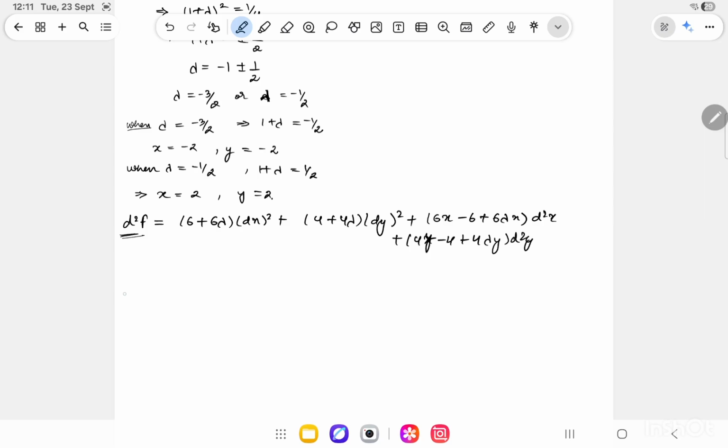So first will be case 1, when lambda is minus 3 by 2 and the xy point is minus 2 comma minus 2.